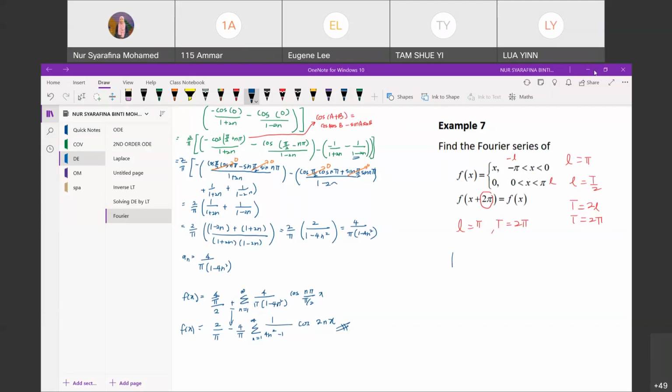When x is from negative pi to 0, the shape of the graph is x. So x is here. Then from 0 to pi, fx is 0. So this is the shape of the graph, and then it is repeated for every T equals 2 pi. Okay, are we clear?